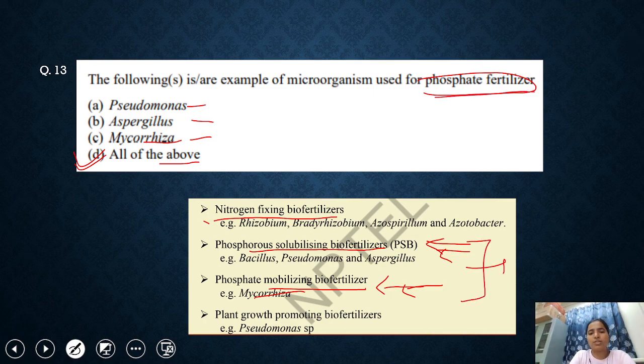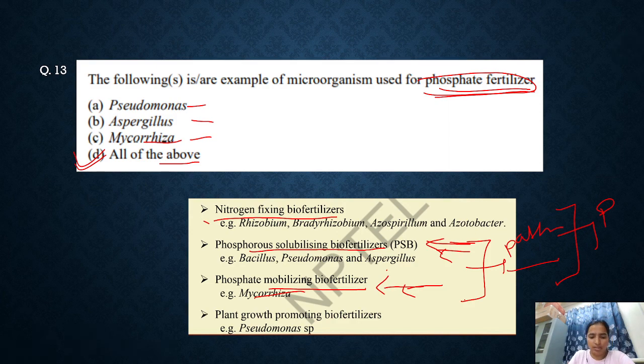In phosphorus solubilizing biofertilizer the pathway of working is different, and for phosphate mobilizing biofertilizer the pathway is different, but at the end their work is the same: to provide phosphate to the plants. Whatever their pathway is, they are used as phosphate fertilizer. So both these examples are part of phosphate fertilizer. So for this question, answer is D.